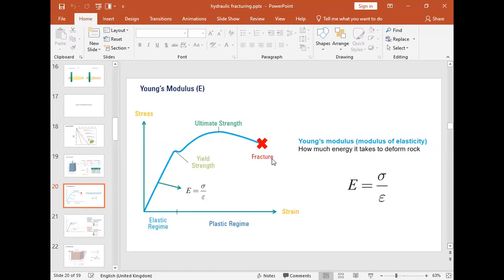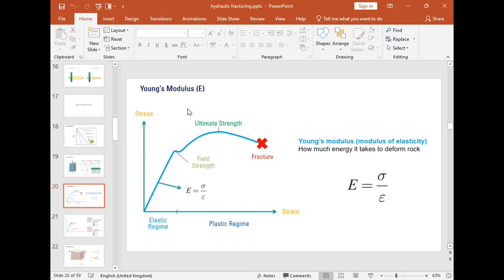So there are some materials that will have a high limit of plastic regime. Others will not have this high limit of plastic regime. I'll take, for example, we always use this common example of glass. Once you stress glass beyond its elastic limit, it doesn't behave in a plastic manner. It just simply cracks.